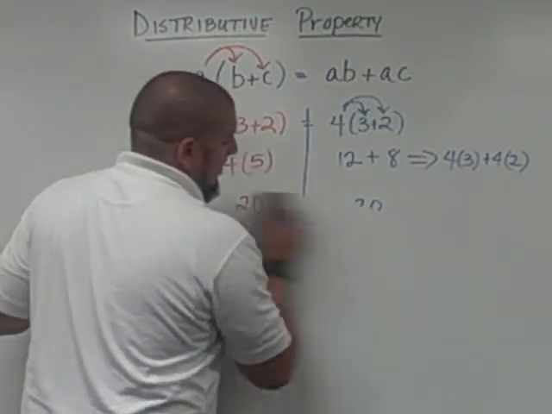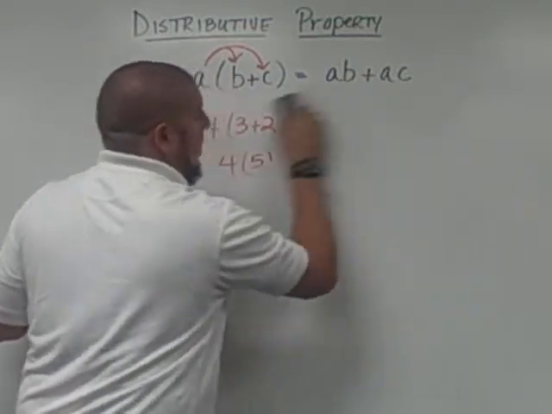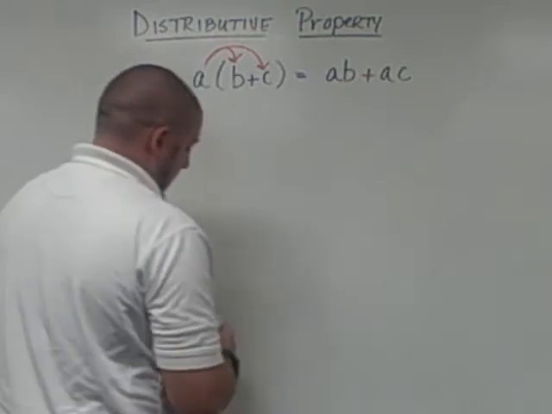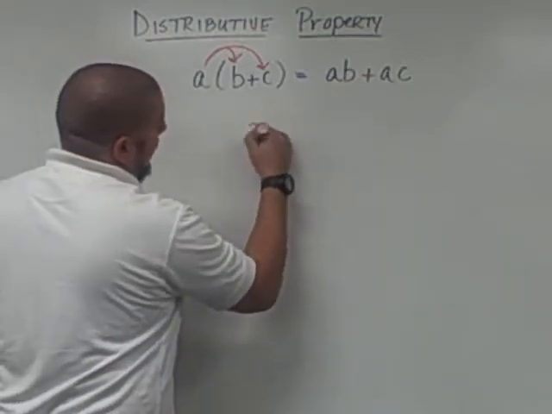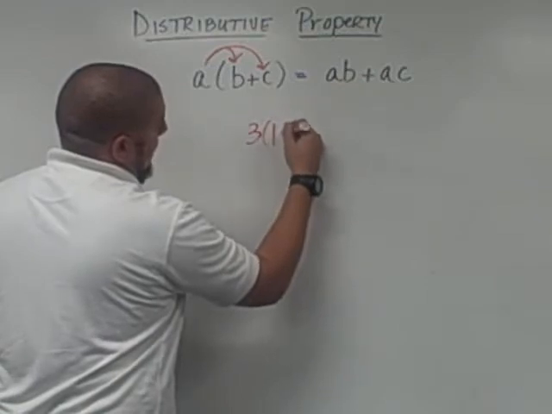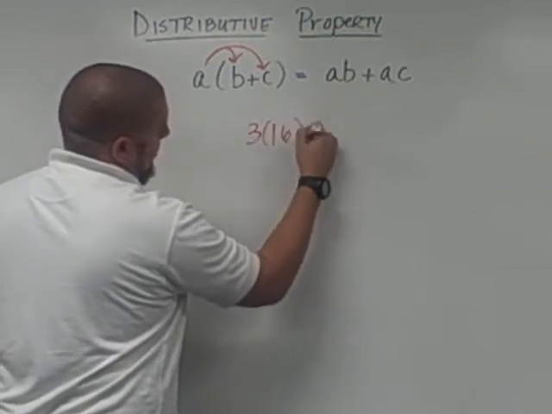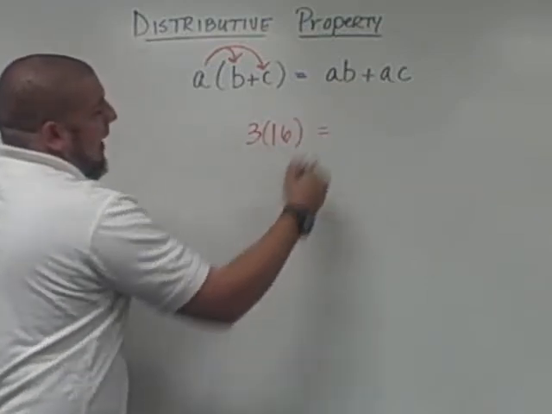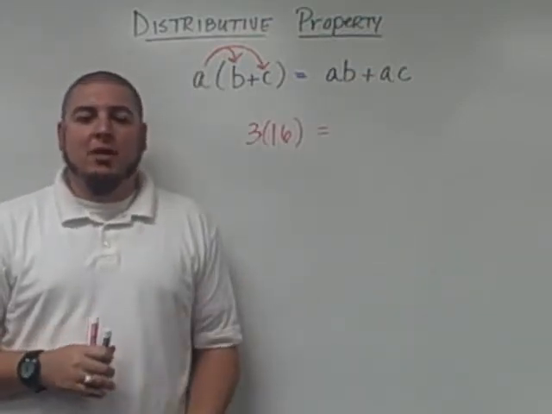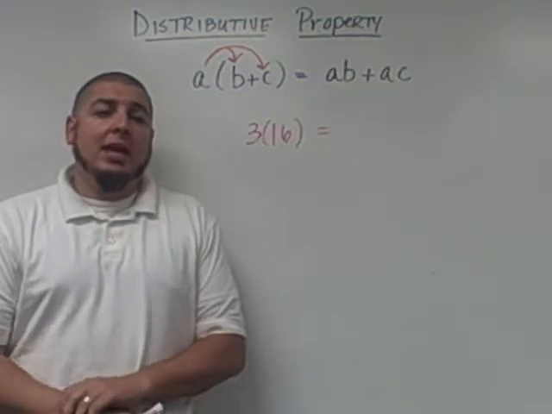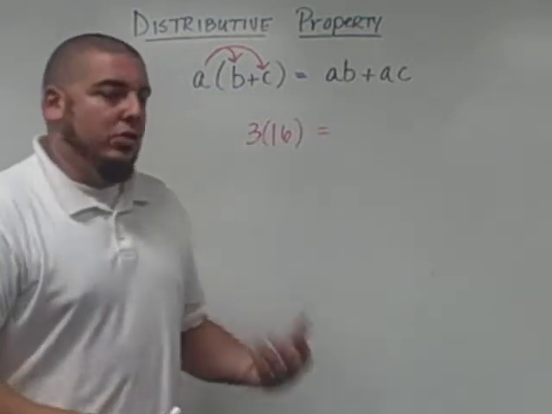So let me erase this. Let's say we want to calculate 3 times 16. Most people, if you ask them what 3 times 16 is, can't give you an answer right away out of their head. And some people can't even figure it out in their head at all, let alone do it quickly.